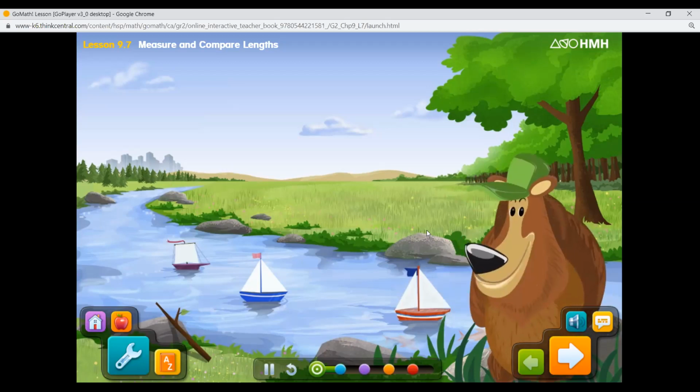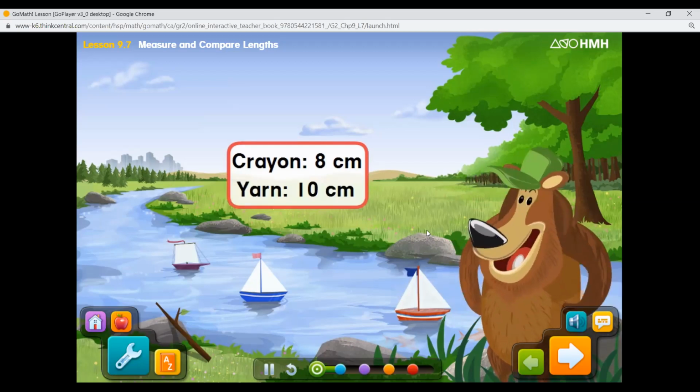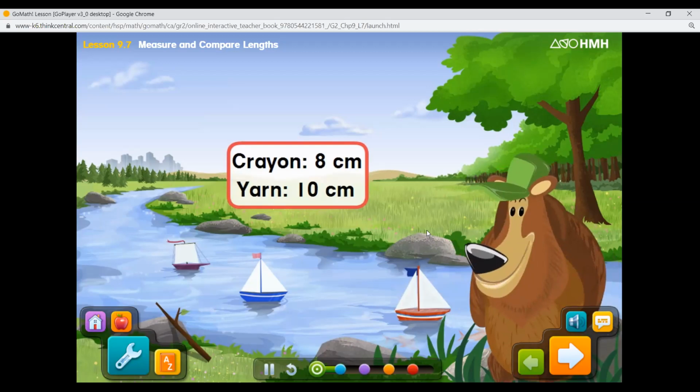The kids will color the new sail with a crayon and attach it to the boat with yarn. The crayon they're using is 8 centimeters long. The yarn is 10 centimeters long. I wonder how much longer the yarn is than the crayon. How could we find the difference between the lengths of the crayon and the yarn? Well, come on, let's find out.